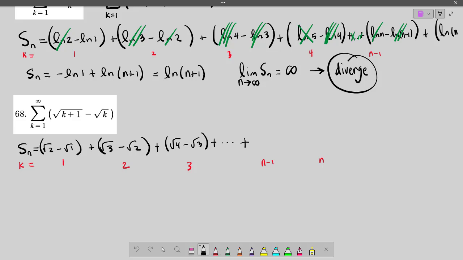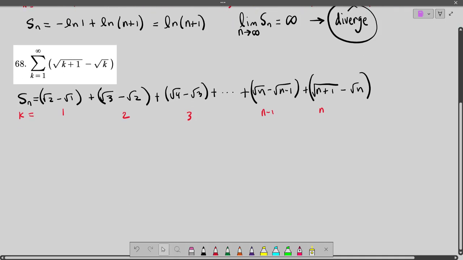So plugging in n minus 1, we're going to get square root of n minus square root of n minus 1. And then plugging in n, we'll have the square root of n plus 1 minus the square root of n.